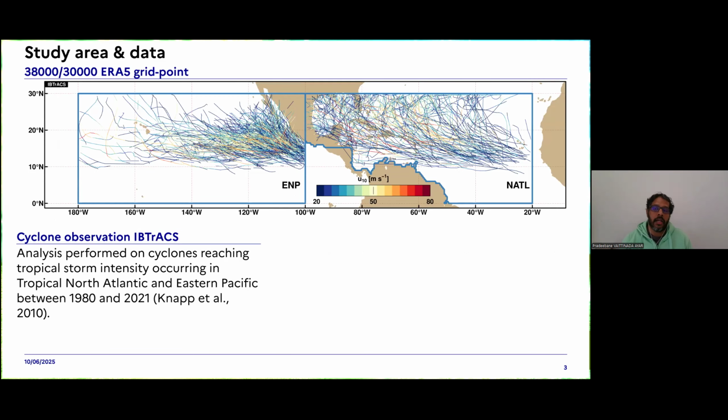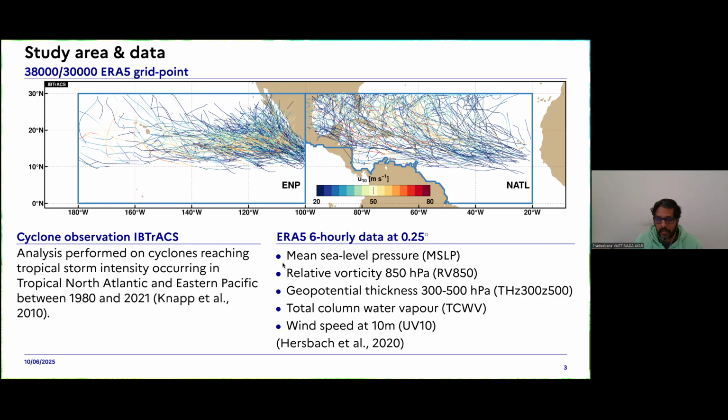First, I'll focus on two basins, the Eastern North Pacific and the Northern Atlantic basins. And you have the IBTrACS database, which is basically satellite-based observation of cyclones. We have them over a period of 1980 to 2021.